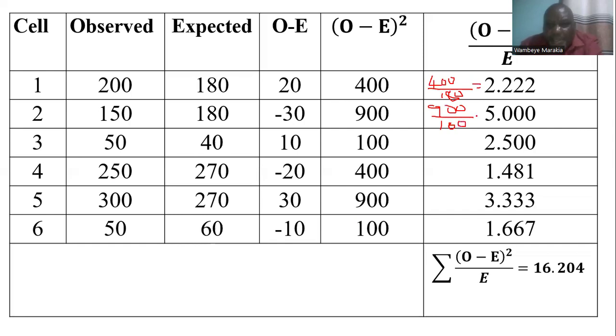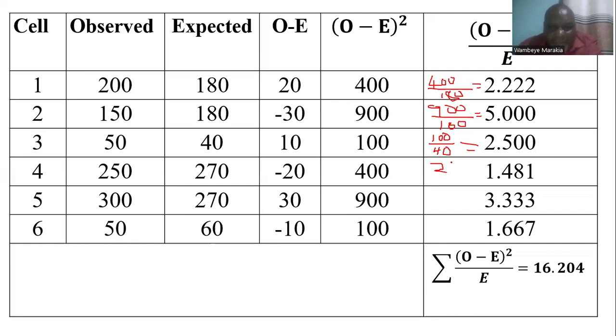This one will be 5.00. Then you have here observed minus expected squared, 100, all over the expected, in this case 40. You get 2.5.